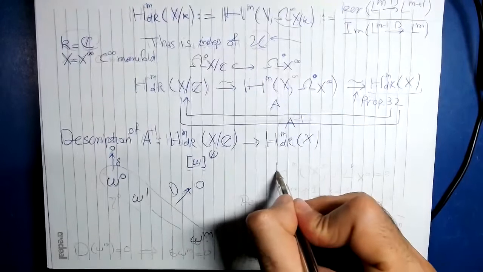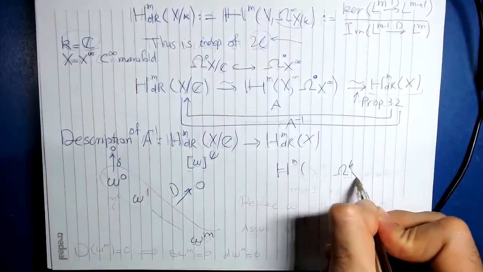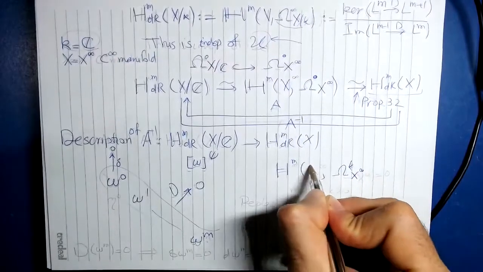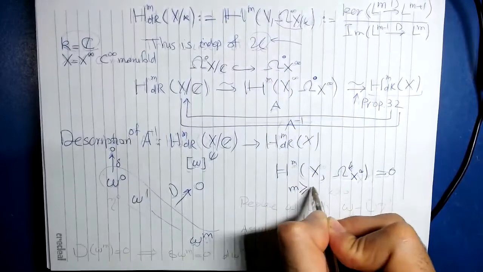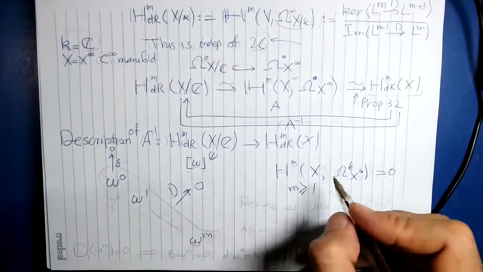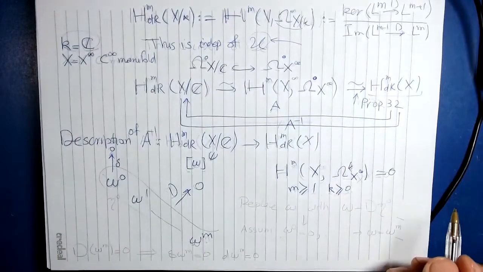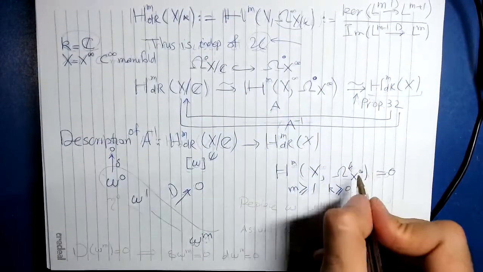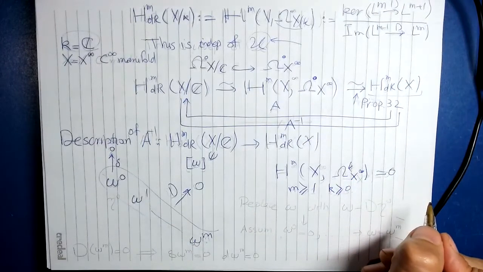But something that we learn in topology is that the Čech cohomology of the sheaf of C infinity differential forms over X is 0 for all m bigger than or equal to 1 and k equal to 0. So these sheaves of C infinity forms do not have non-trivial Čech cohomology.